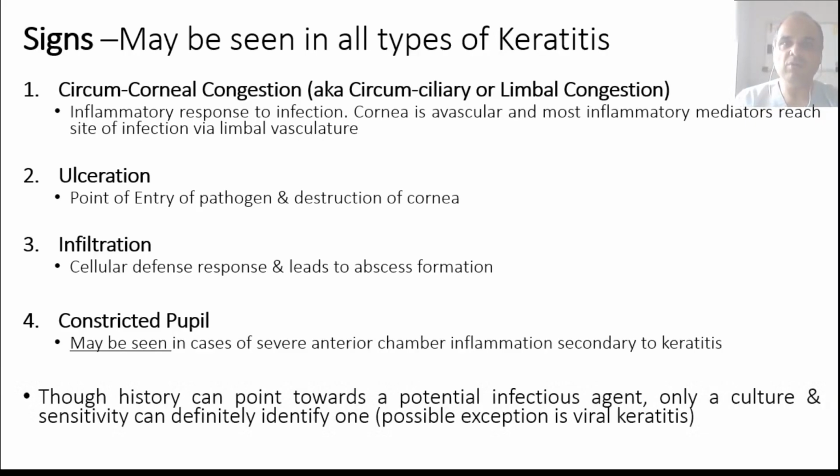And although a history together with your own clinical acumen and competence, you would be able to probably pinpoint the organism responsible for the keratitis, it is nigh on impossible or very difficult to say this is bacterial or fungal. Viral, yes, you can say.